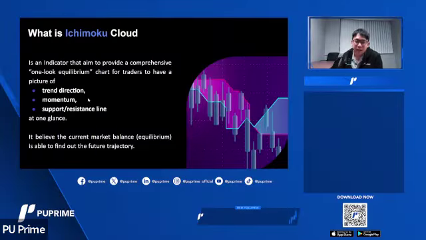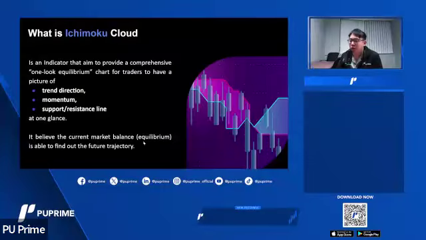You can also find the support and resistance lines at one glance. So with one Ichimoku Cloud indicator, you can get at least these three pieces of information if you plot this on your chart. So how are we going to use it?